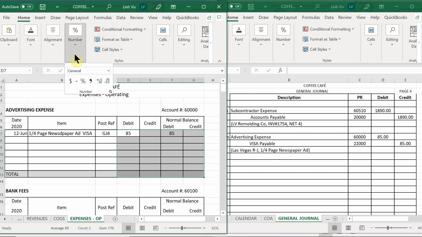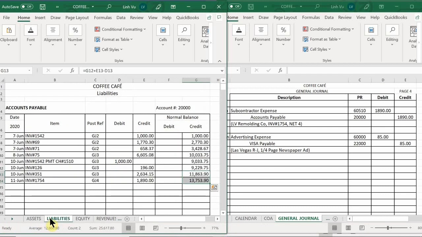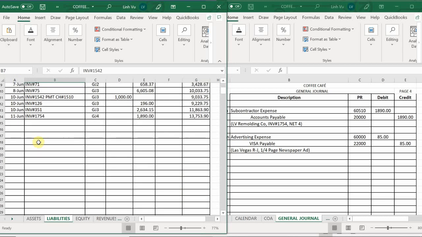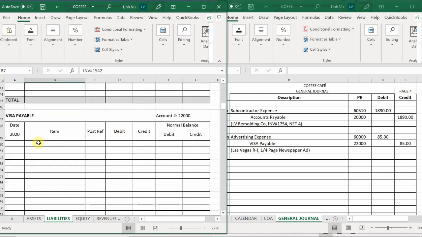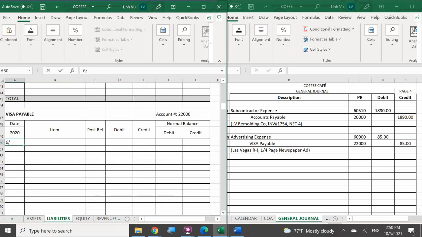Therefore, we just used our credit card for the first time. So we're going to go to our liabilities, and we're going to make a note that we charged our credit card for the first time. So we have Visa payable for $85. It's up to you what you want to put here, because when you look at a credit card statement, you generally do not see a description.